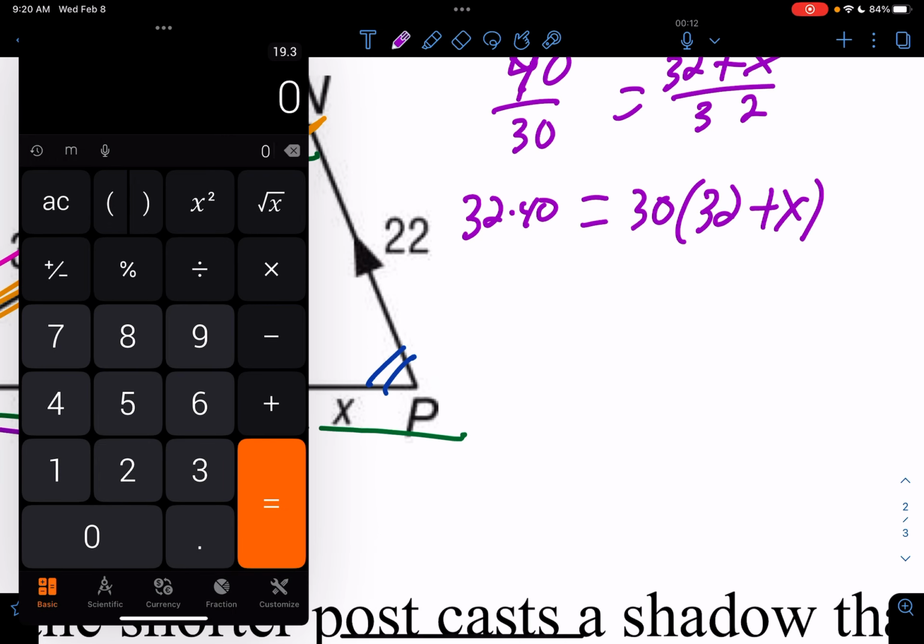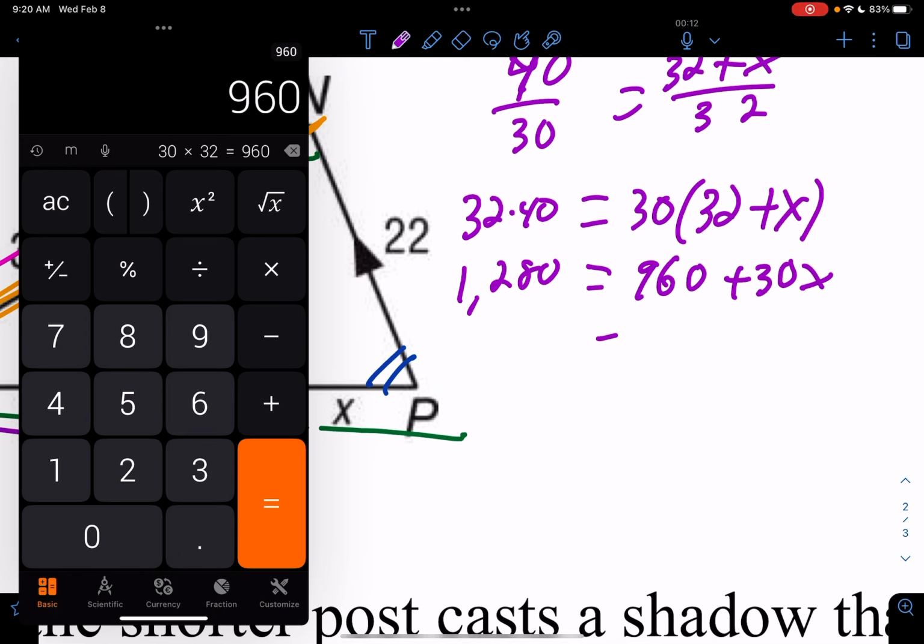Pay attention right here. 32 times 40 gives me 1,280 equals 30 times 32. That gives me 960 plus 30x, minus 960 on both sides.